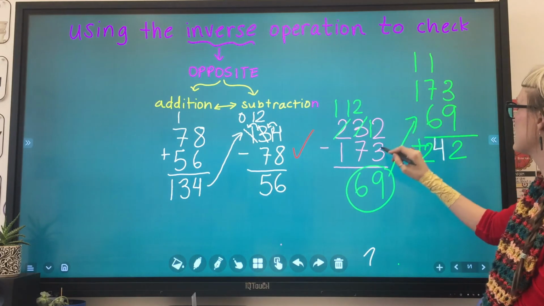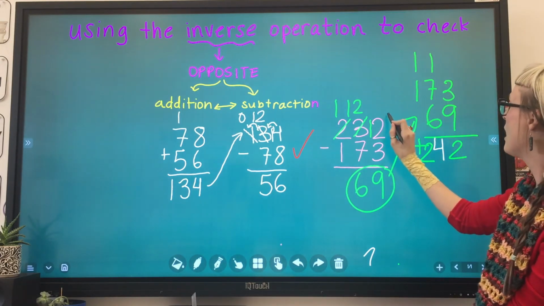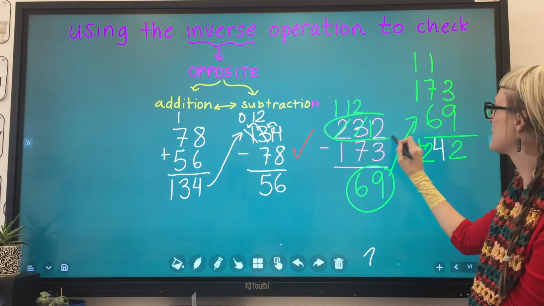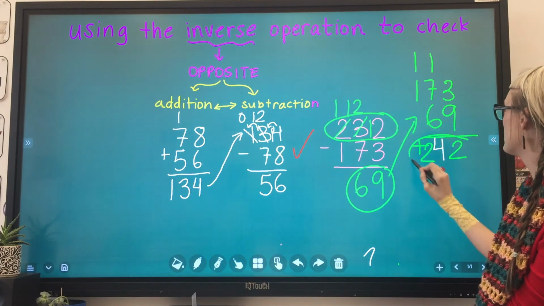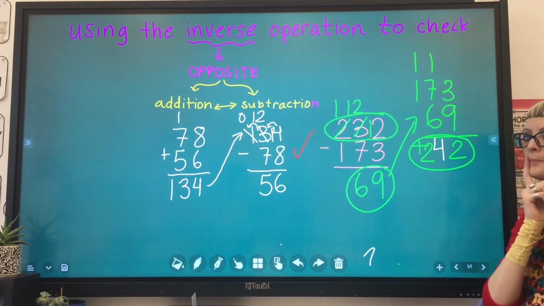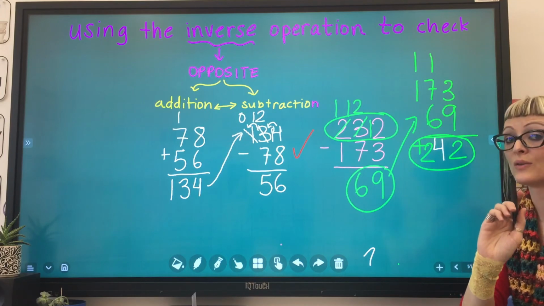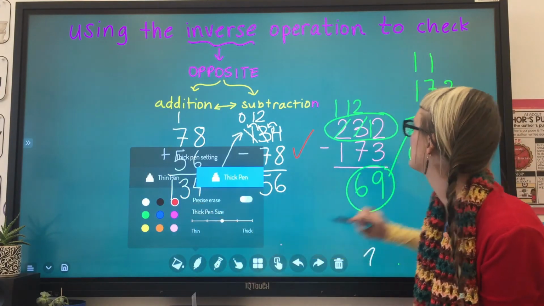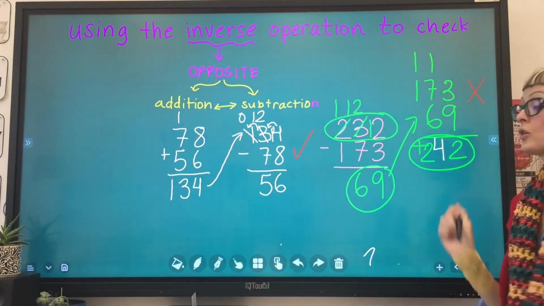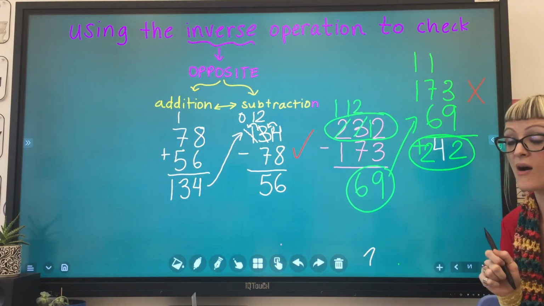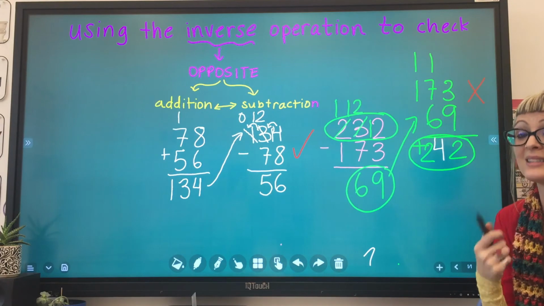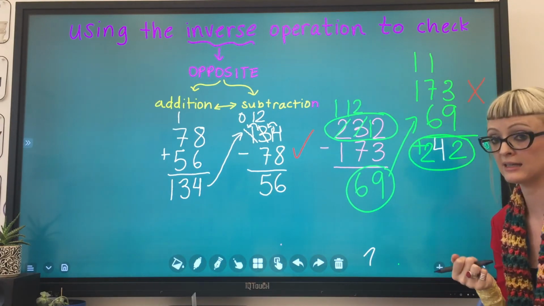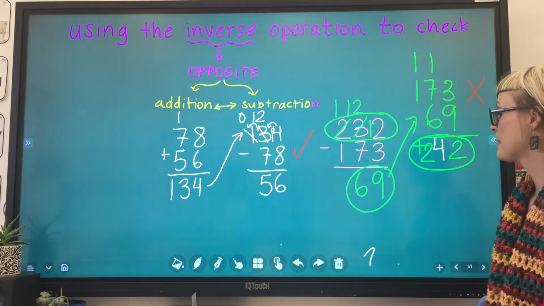Well, 173, 69, 232, 242. So that means this answer is not correct. So now I need to go back and see what mistake did I make in solving this problem.